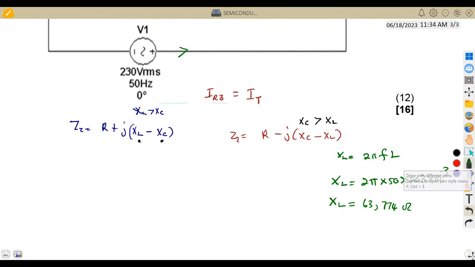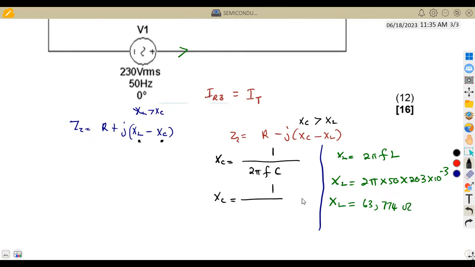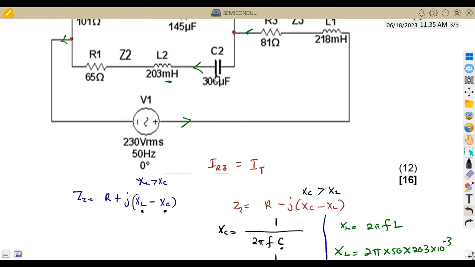All right, so we do the same thing for XC. We calculate our XC. Remembering our formula, we used this formula before for XC. We said it's 1 over 2 pi FC. So we are going to substitute our values. That's 1 over 2 pi times the frequency, which is still 50 hertz, times the capacitance, which here is 306 microfarads.